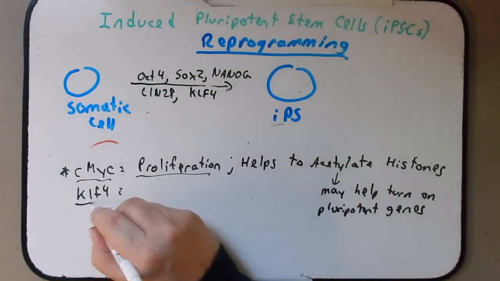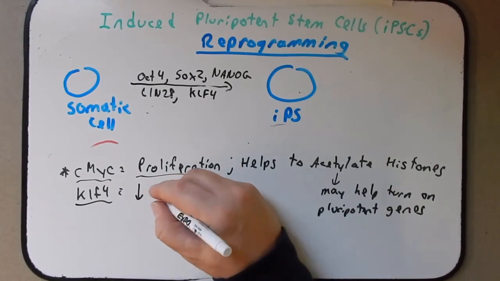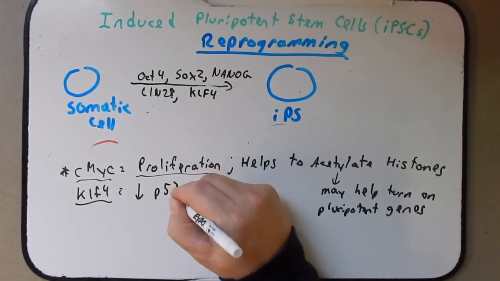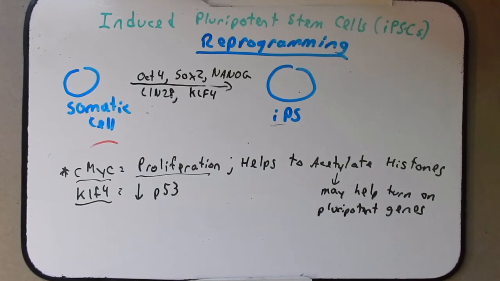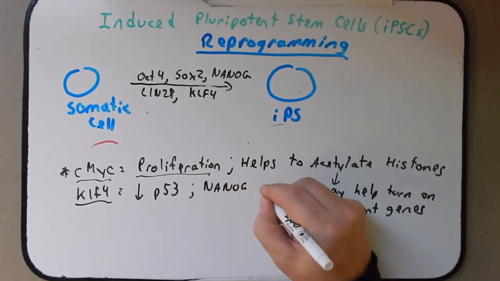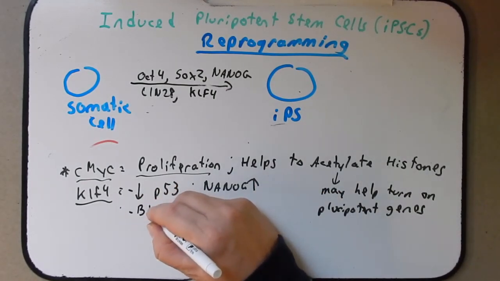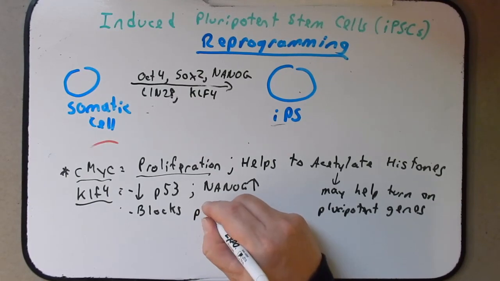Alright, so KLF4. This protein, when expressed, decreases p53. We don't want to completely eliminate p53 because it's a very important tumor suppressor gene, but it's important that it's downregulated in this case, because when it's downregulated, NANOG is upregulated. KLF4 also blocks pluripotent differentiation.